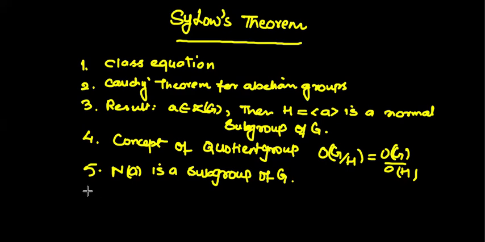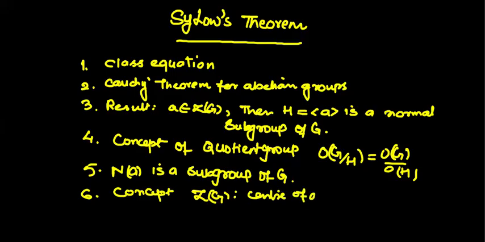Of course, there is one more thing, the concept of Z(G), that is the center of a group. So these are the few concepts you must know before proving Sylow's theorem.